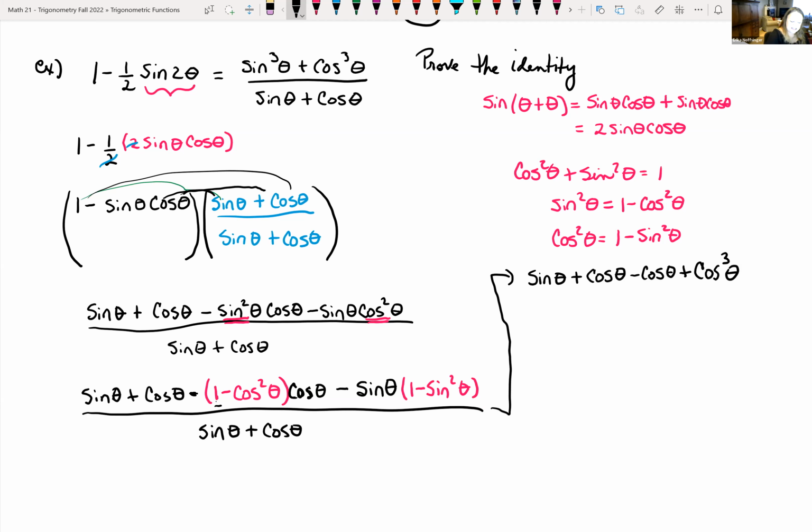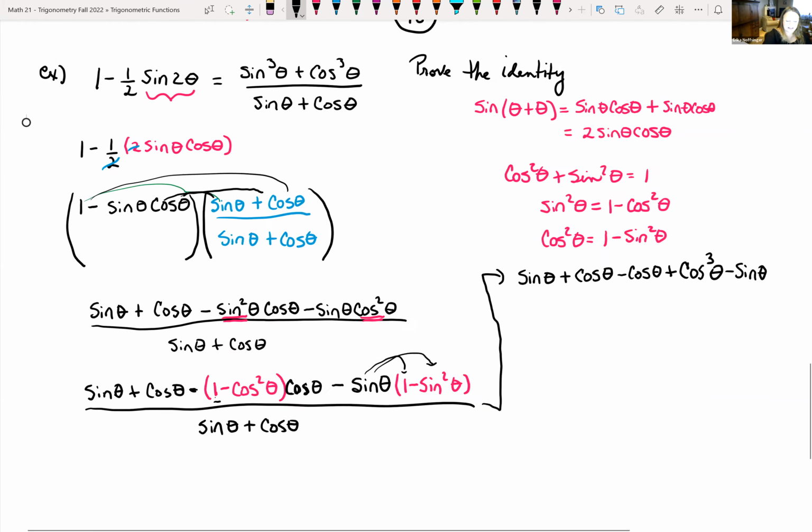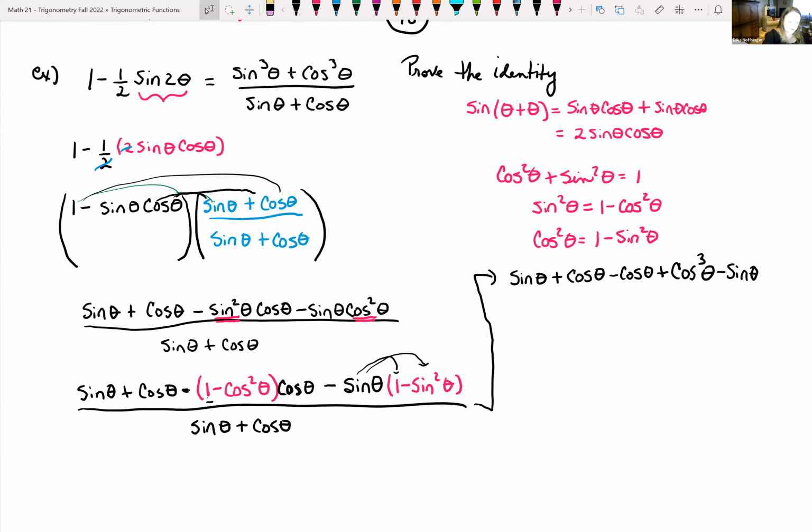We're going to do the same thing here. Now we're going to distribute negative sine theta inside the parentheses. So negative sine theta times 1 is minus sine theta. And negative sine theta times negative sine squared theta is plus sine cubed theta, all over this sine theta plus cosine theta.